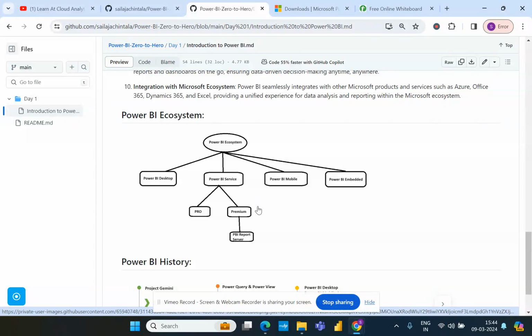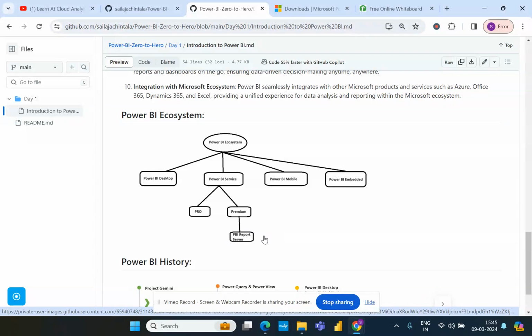Now if there are a few requirements within the organization where you see that this particular data cannot be uploaded onto an external or public cloud vendor, that's when you go with the Power BI report server, which is usually an on-premises installation, where you are responsible for installing and configuring this particular product, and you are also responsible for the maintenance of that particular product.